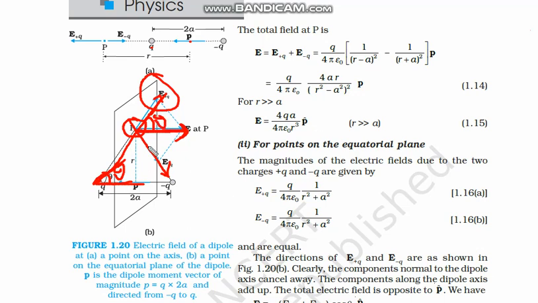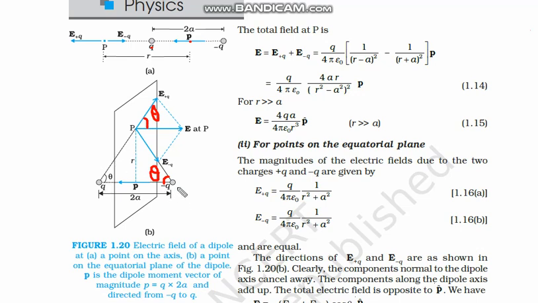Now one thing to remember: this time we don't have an equilateral triangle, so we simply cannot say that this theta is 60 degrees. This angle is theta, and this one is also theta.